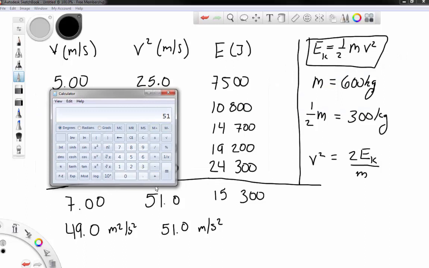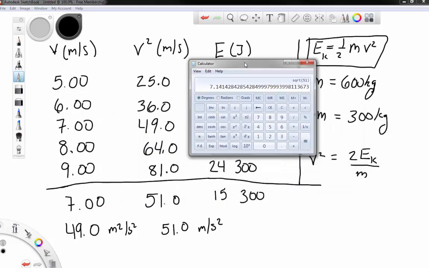So that means that we're actually using this method right here in order to get the average kinetic energy, which is another way of saying that if you're given the average kinetic energy and the mass, then the v squared term you find is actually this term right here, the square root of which is not going to give you the average speed. If we take a square root, you get 7.14.